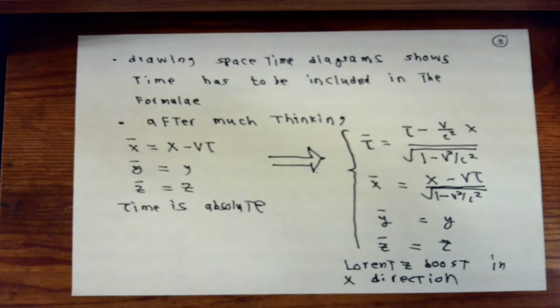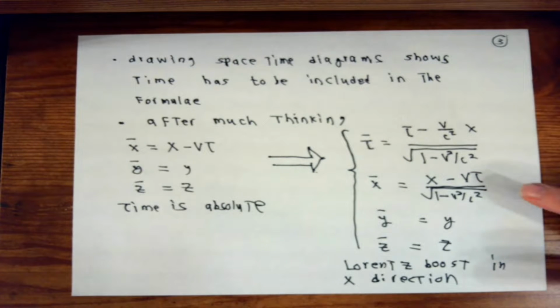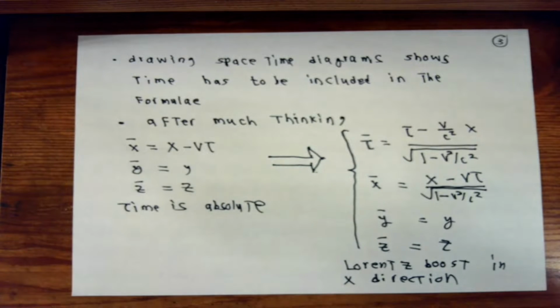If the speed is small compared to the speed of light, the latter three equations basically reduce down into the Galilean boost. The new thing is the time dependence. We generally adopt units so that the speed of light is 1, so that simplifies these formulas somewhat.